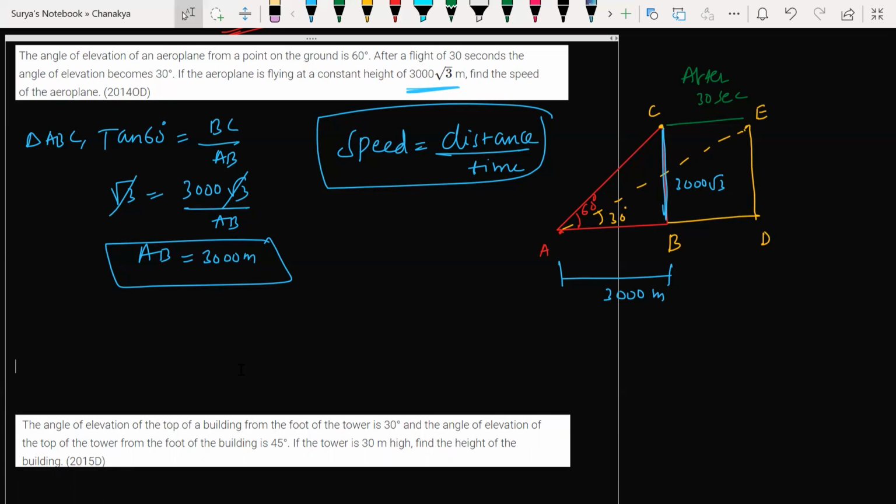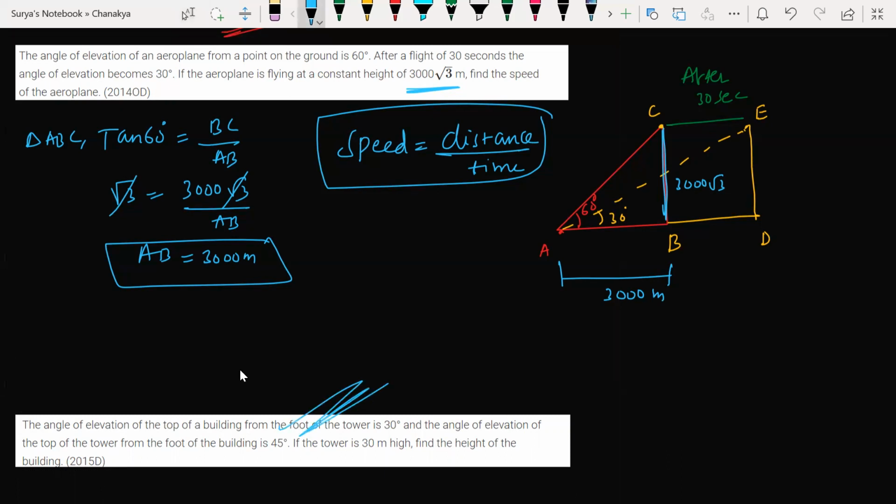Yes, sir, the one you just marked. How much? 17.32. Check your answer once. Yes, sir.